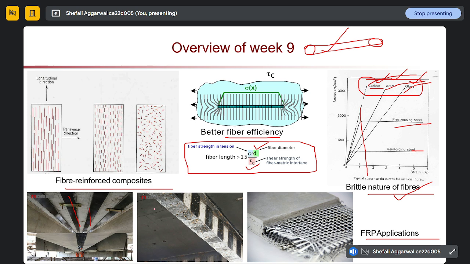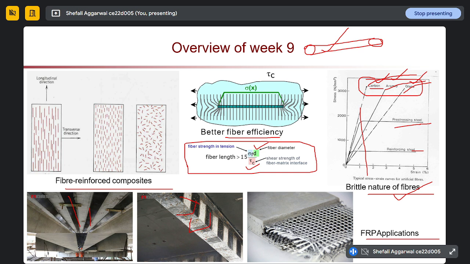Next thing is we are using it for retrofitting. If you have seen on columns and beams, mainly we are pasting the FRP laminates over the concrete, and they will prevent crack enhancement. So that is a type of retrofitting.